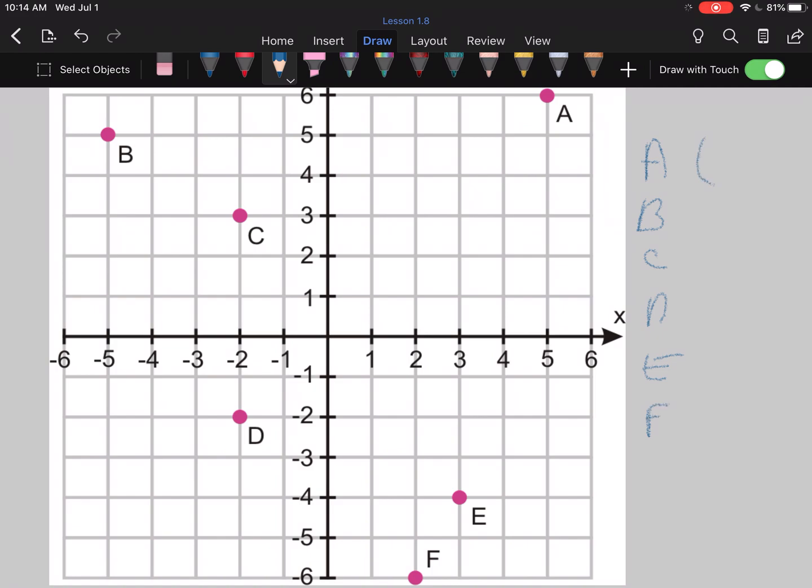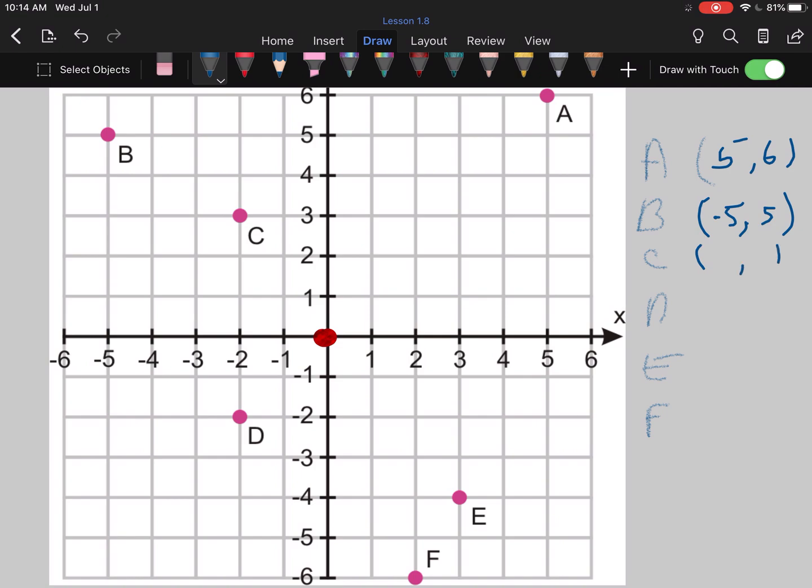A. To get to A from the origin, which remember is there, we would count right 1, 2, 3, 4, 5, up 1, 2, 3, 4, 5, 6. So A lives at 5, 6. To get to B, we have to go left 5, up 5. Left 5 means we start with negative 5. Up 5 is positive 5.